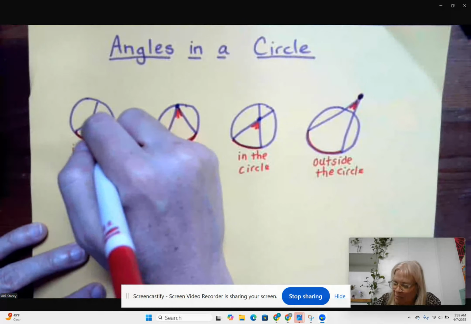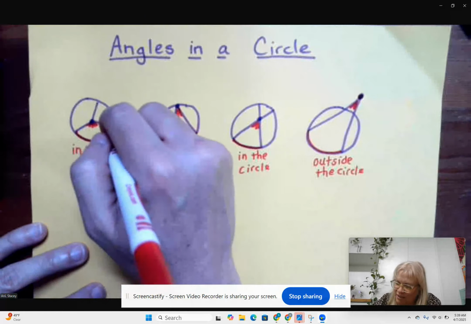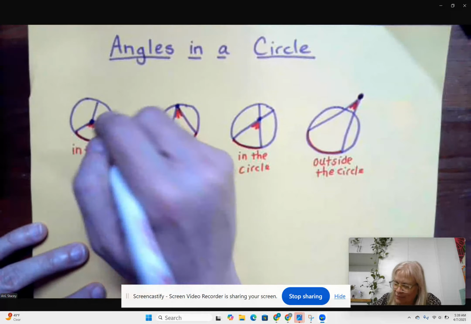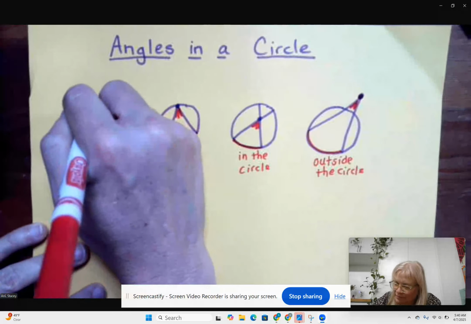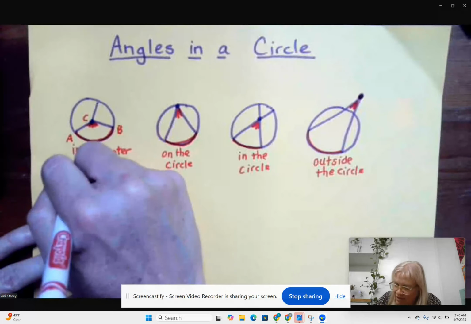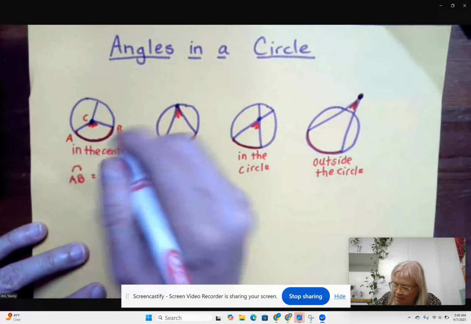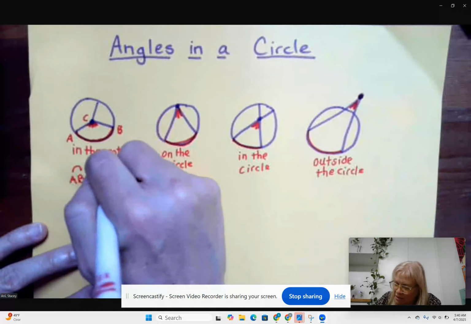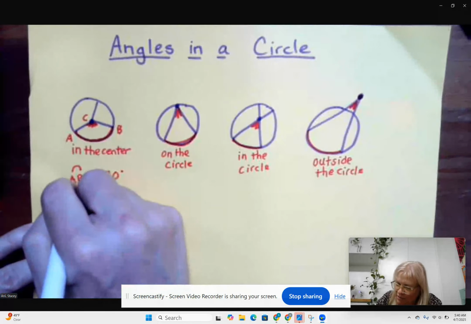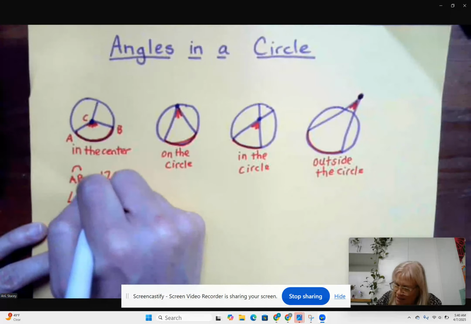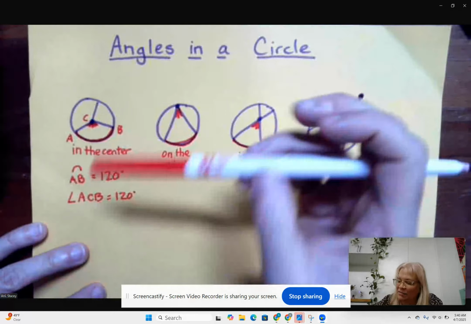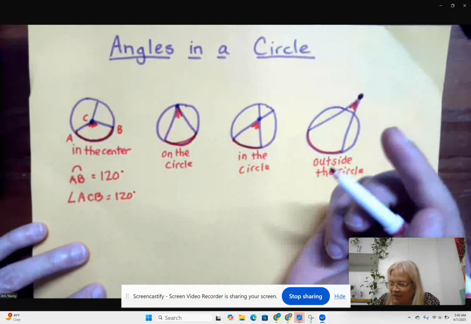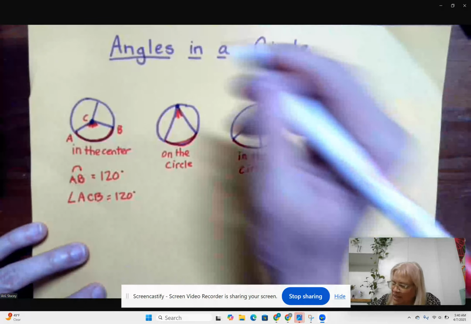So for example, if this arc here were, let's give this some letters, let's say that arc AB is equal to 120. We would know that angle ACB is also equal to 120. For central angles, we know the arc and the angle are the same measure.